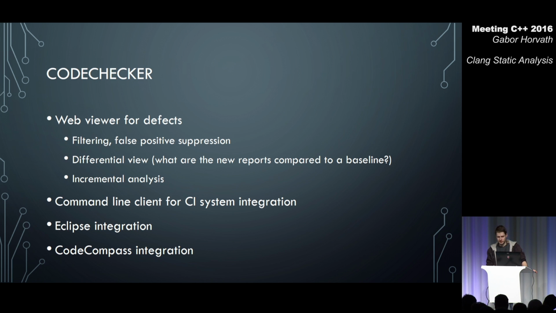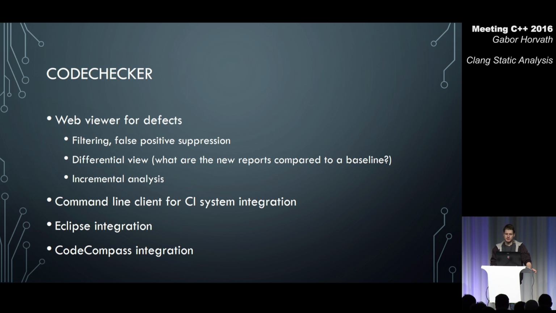There is also a differential view, so you can compare two analysis runs of your projects, for example, a version from yesterday and a version from today, and you can check which new issues were introduced compared to the baseline from yesterday.